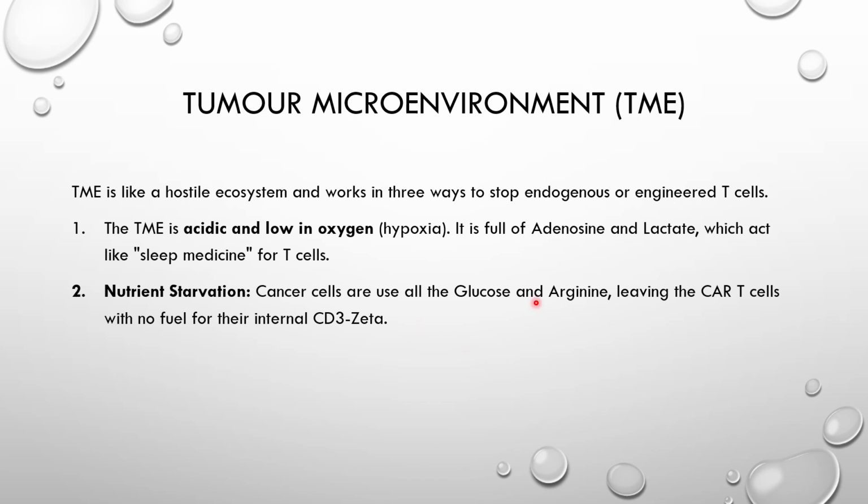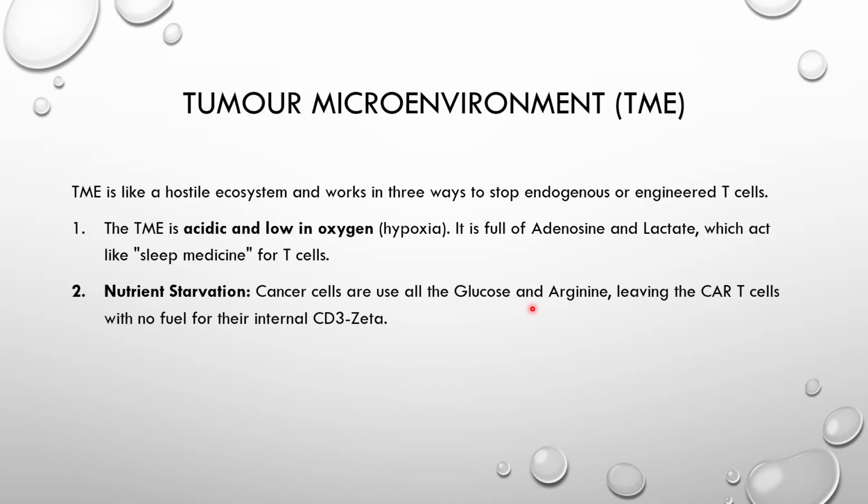CD28, when it's used in the CAR T cells, or in endogenous T cells, are high energy consumers. So they require glucose via glycolysis in order to phosphorylate those CD3 zetas.